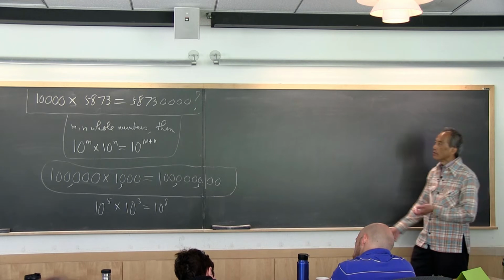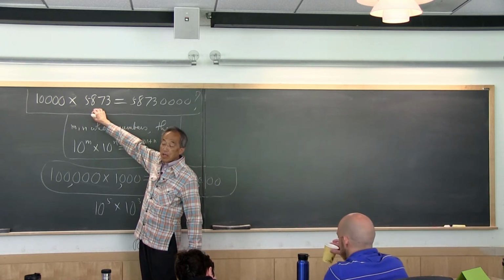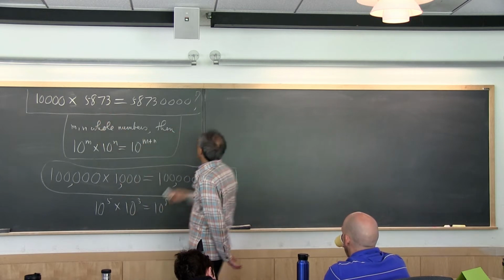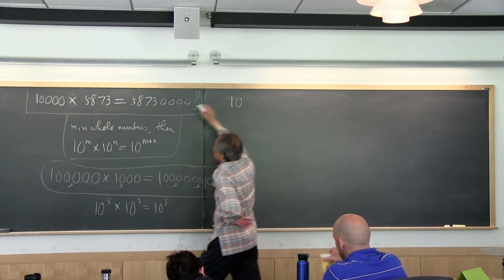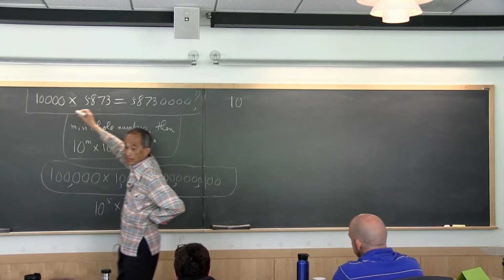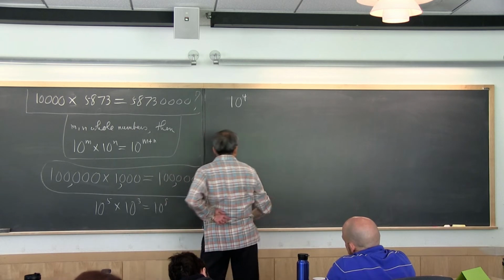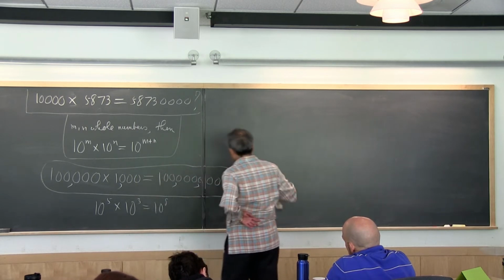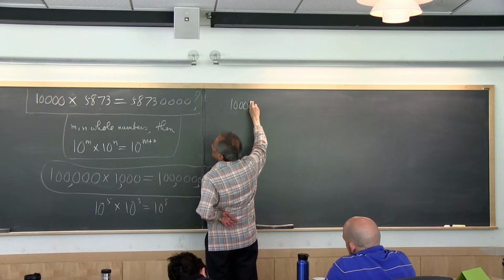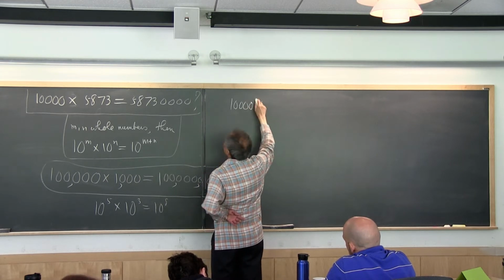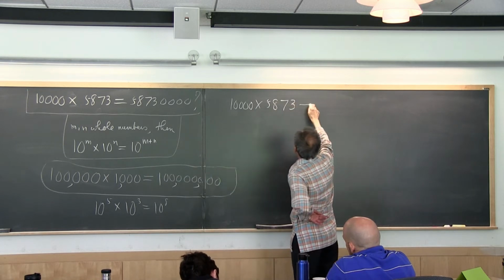Okay. Now we're in business. I do it any way you want, but now I write it in 10 to the 4 form. So I should not skip this. 5, 8, 7, 3.